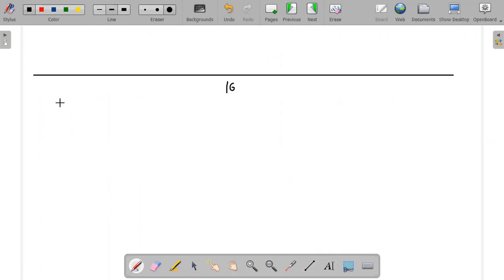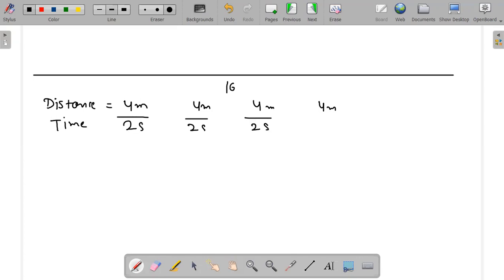So we were having equal distances and equal time. We were having 4 segments, so distance was 4 meter, 4 meter, 4 meter and 4 meter, and the time was 2 seconds for each. So we are having a speed of 2 meter per second for each segment. This is for uniform.